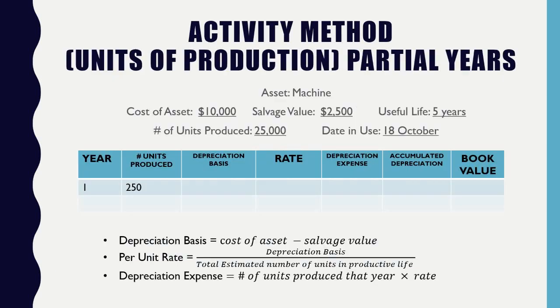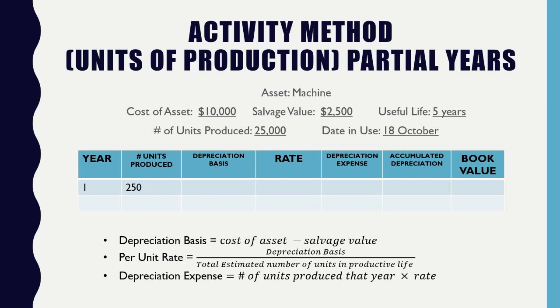So let's go ahead and determine this. This machine ended up producing a total of 250 units for the first year.